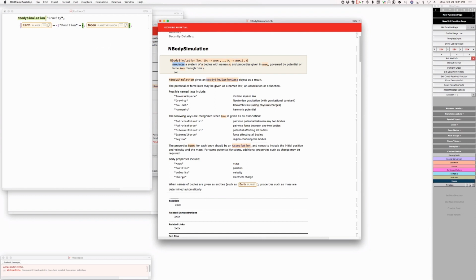Well, we should say generates a simulation of the motion of a system of n bodies with names and properties.